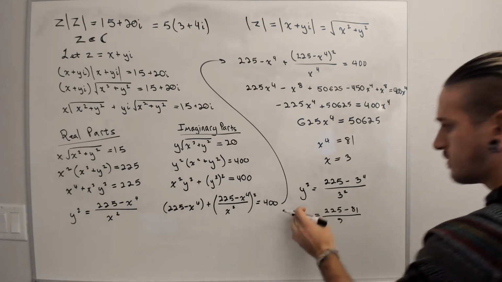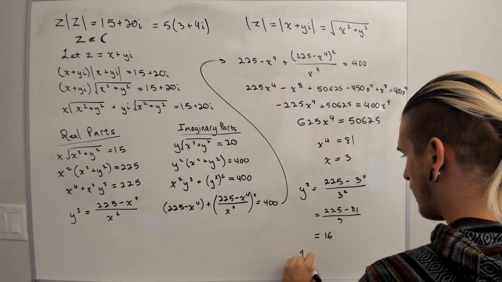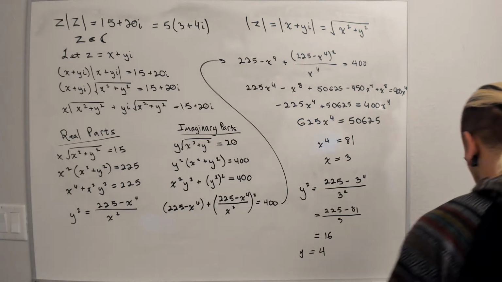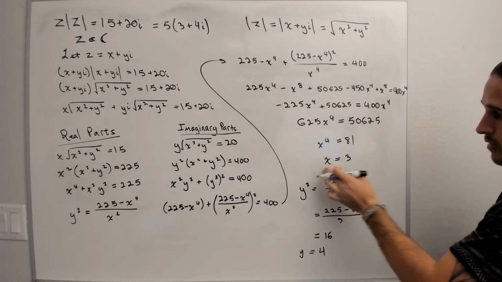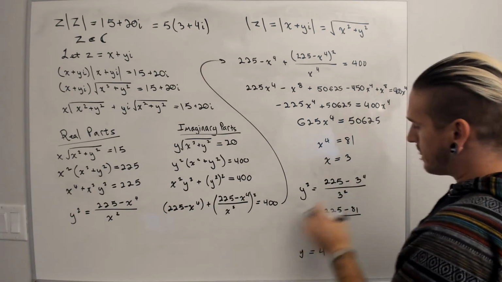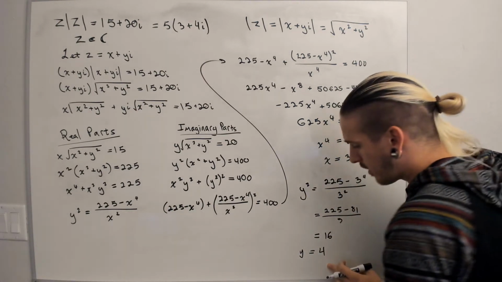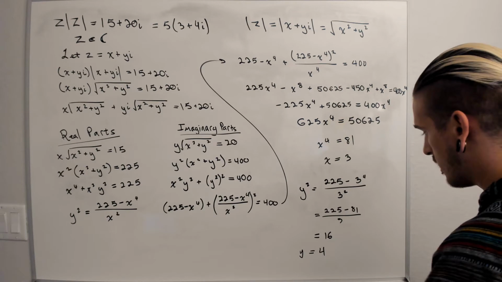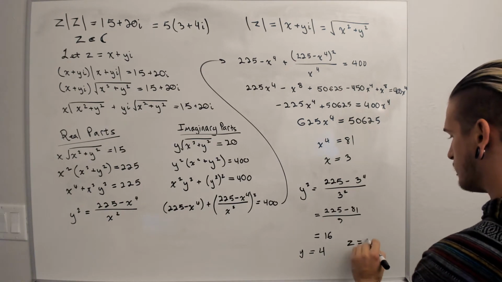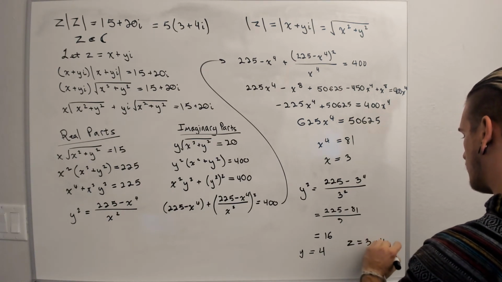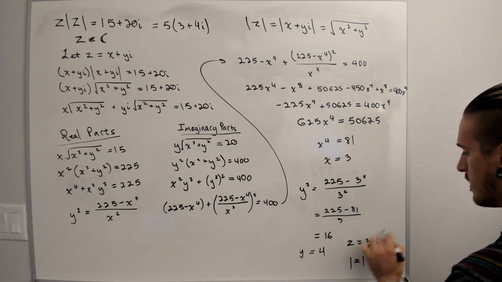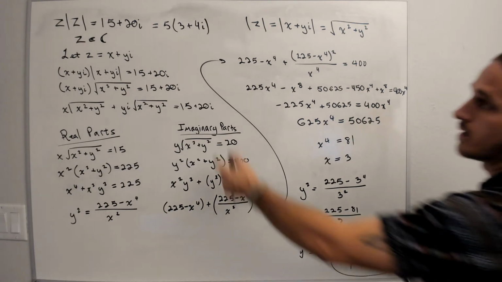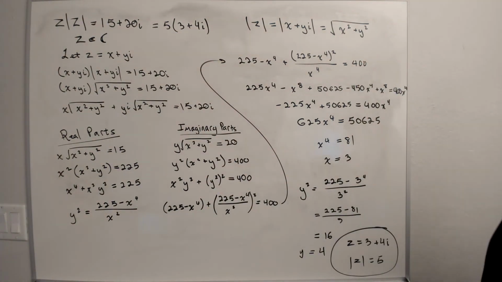So we got y squared equals 16, or y equals 4. Good. All right, so there you go. The real part of z is 3. The imaginary part of z is 4i. So z equals 3 plus 4i, and the absolute value of that would be 5. Same as what we thought from the beginning.